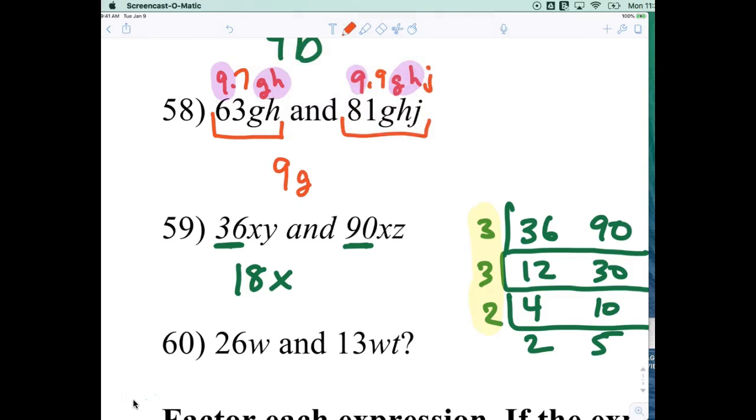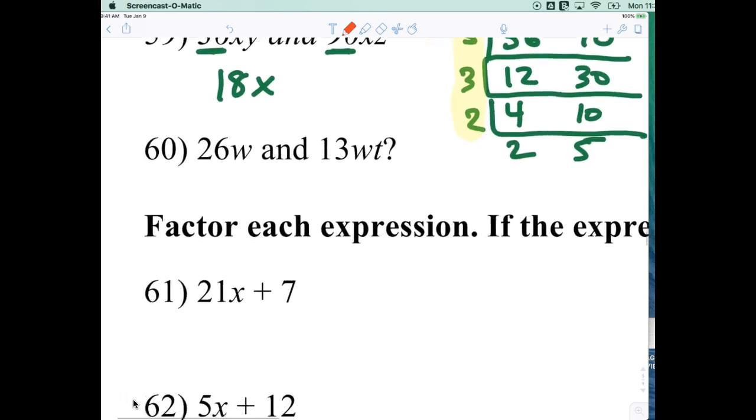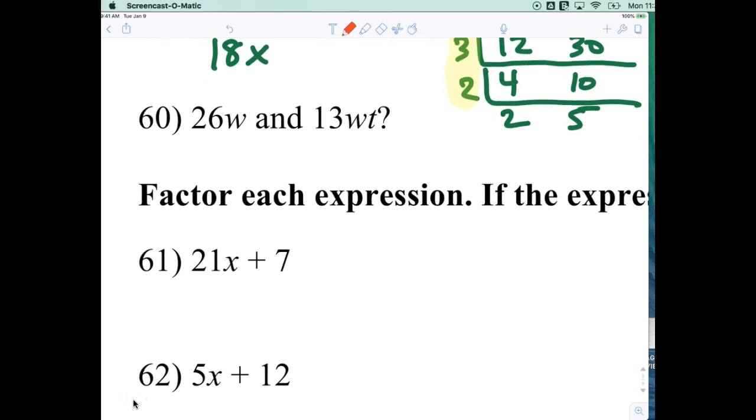So 9gh. I don't think that's that hard. Okay, 60. What's common? And 13w. Very good. 13w. Everybody good?